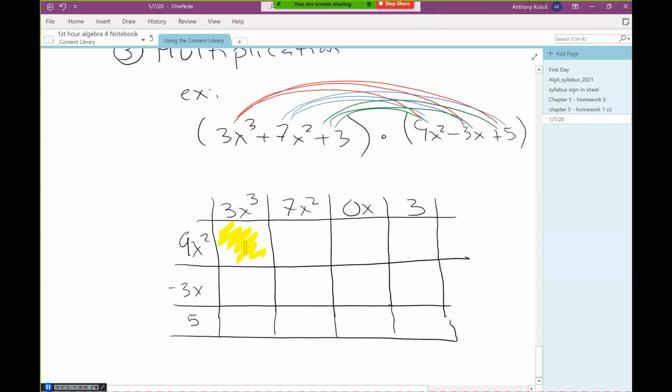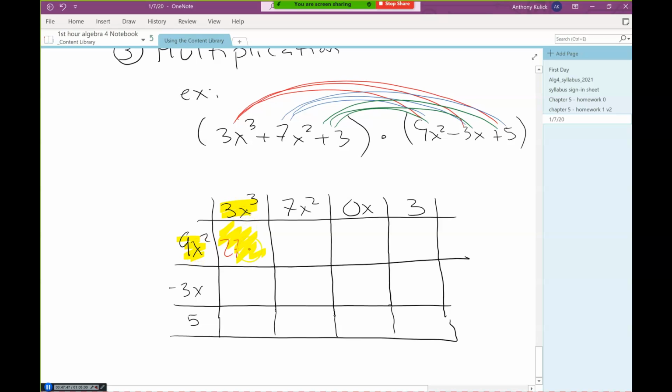So for example, this box that I've highlighted in yellow is going to be 3x cubed times 9x squared. Remember, when we multiply monomials, we multiply the coefficients together, so 3 times 9 is 27. And we multiply the variables together, but when we multiply variables, we add their exponents.